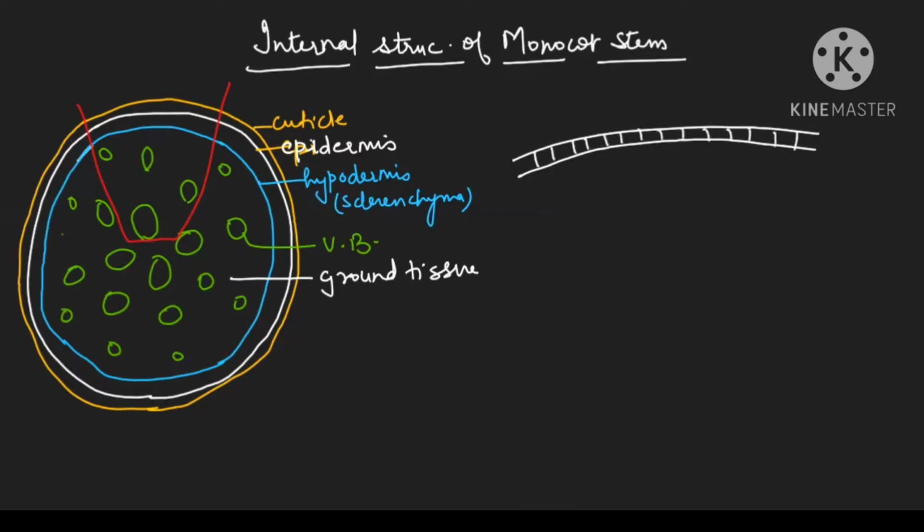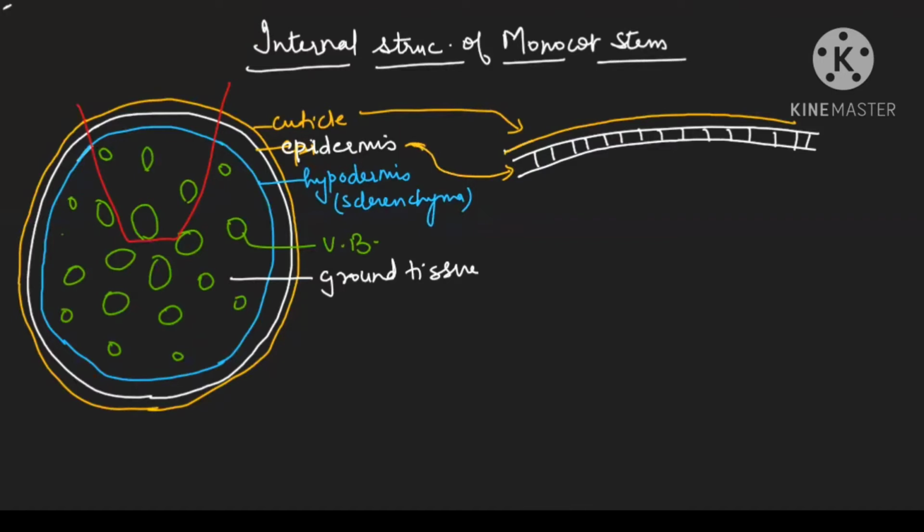On this you are drawing a layer of cuticle. I hope this much labeling is clear to you. This is cuticle, and this is your epidermis. Now we have to draw the hypodermis.